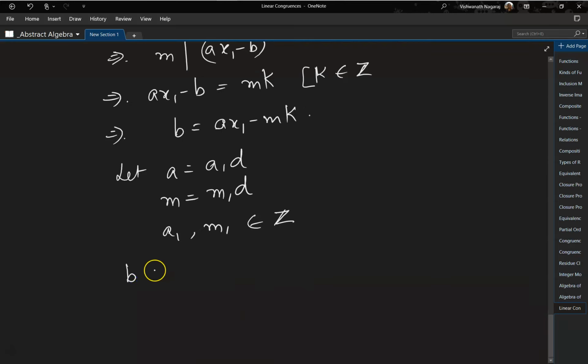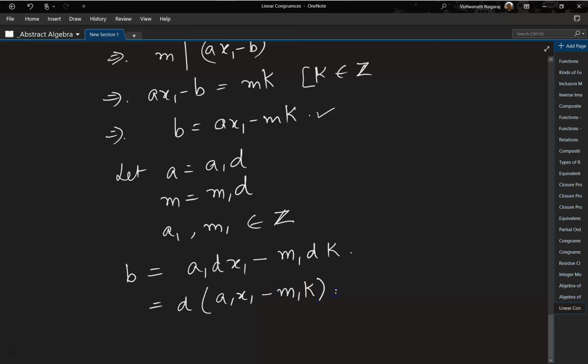So now we can write B as, instead of A, A1D x1 minus, instead of M, M1D K. Here D is common, so we can take it out and write it as D times (A1 x1 minus M1K).